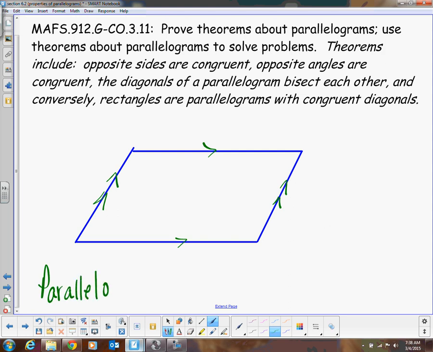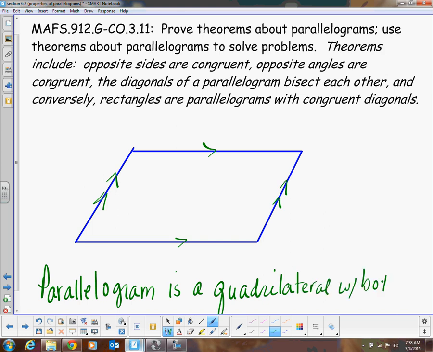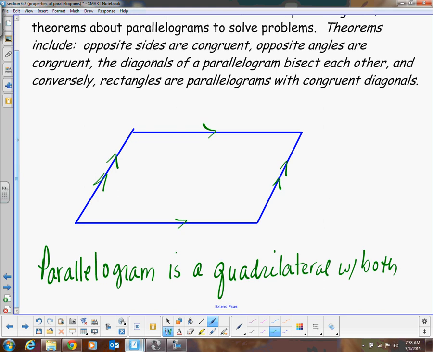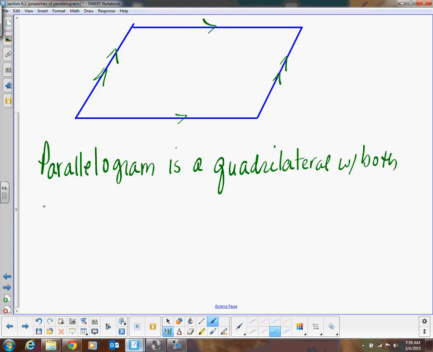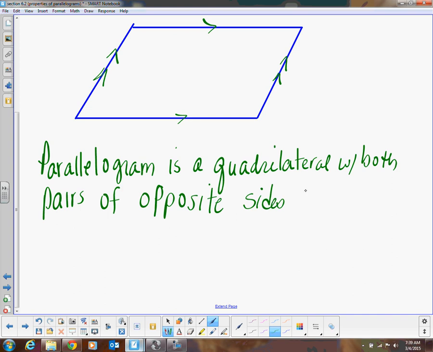Parallelogram is a quadrilateral. What does that tell you already about it? 4 sides. With both, not just one, both pairs of opposite sides parallel.